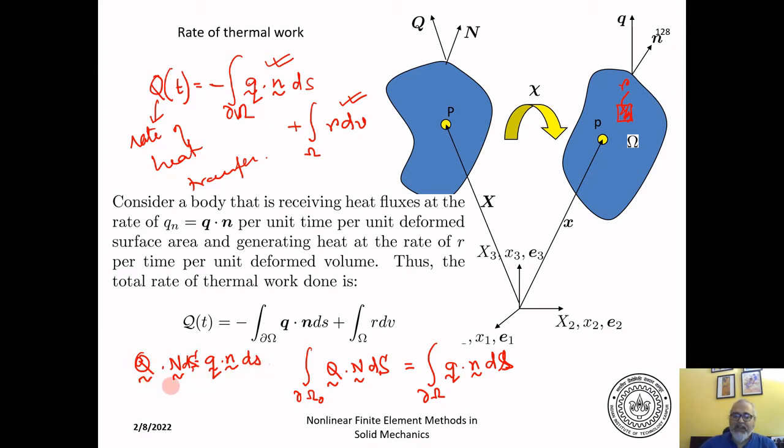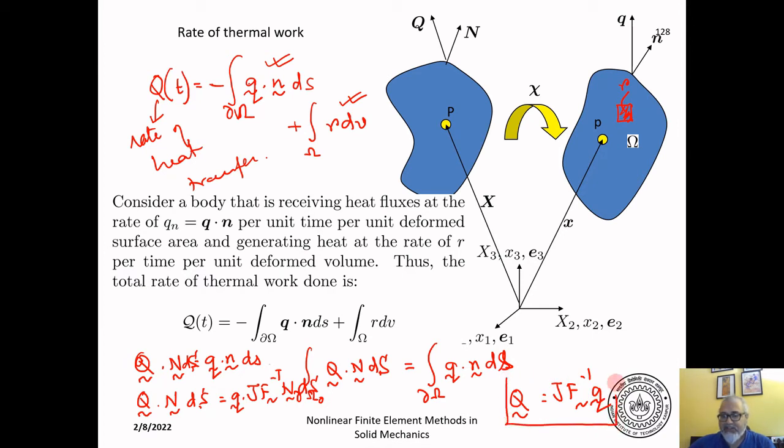Then we can use the Nanson's relation here. Then we can write q dot n d capital S equal to q dot J F minus transpose N d capital S, which means that we now get capital Q as J F inverse q.